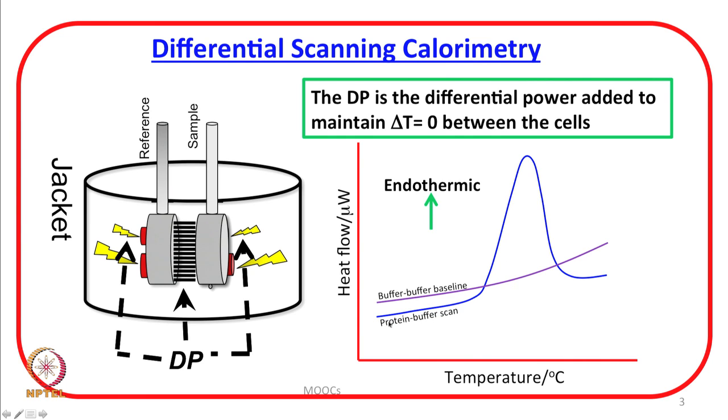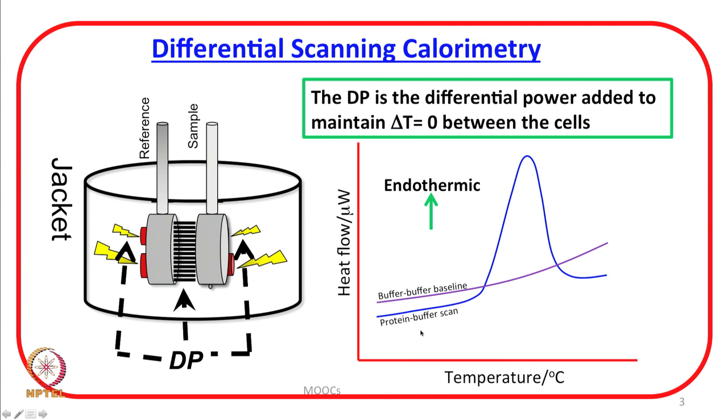What you have initially here is the protein. Let us say this temperature is about 25 degrees centigrade. At 25 degrees centigrade, let us assume that the protein is in the native conformation. And when you start heating it, initially you see ideally the dP should be 0.